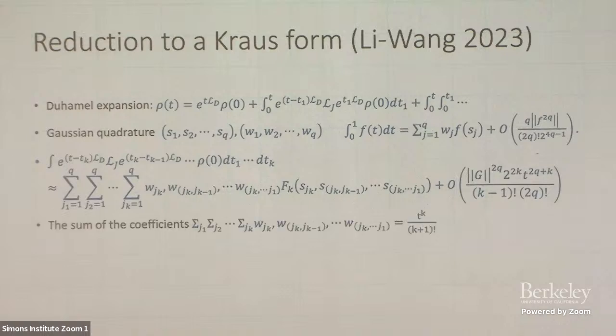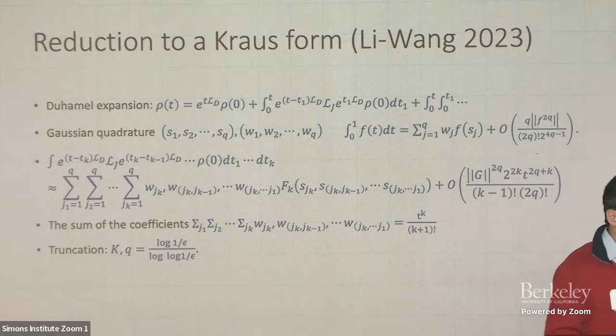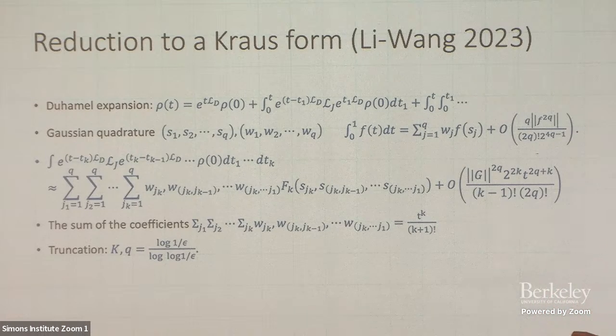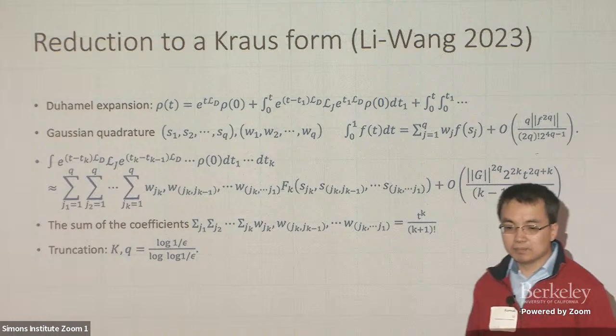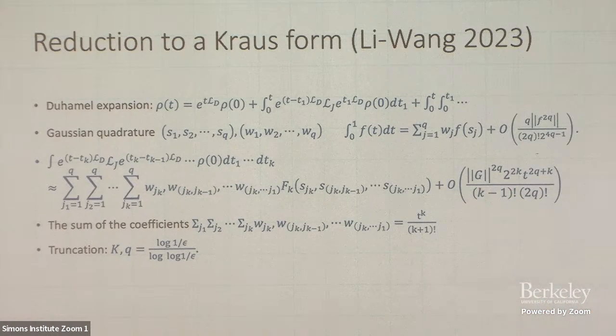Because of the maximal order of accuracy and this nice formula, the truncation of this infinite series doesn't have to be very far. So this capital K only scales like log of 1 over epsilon, and the number of quadrature points that you need has the same scaling. This gives you a very compact approximation scheme without having to deal with many terms.